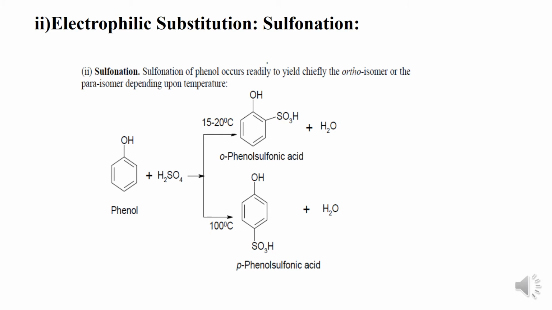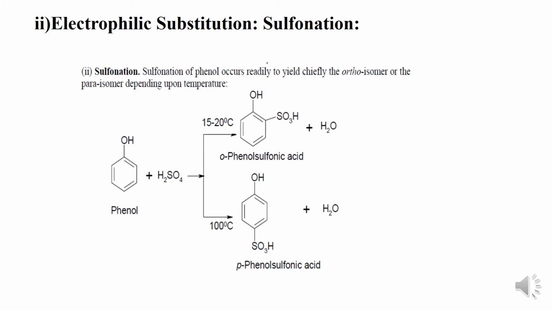The sulfonation of phenol occurs readily to yield the ortho isomer or the para isomer depending upon the temperature. If we apply 15 to 20 degrees centigrade, ortho-phenol sulfonic acid is readily synthesized.